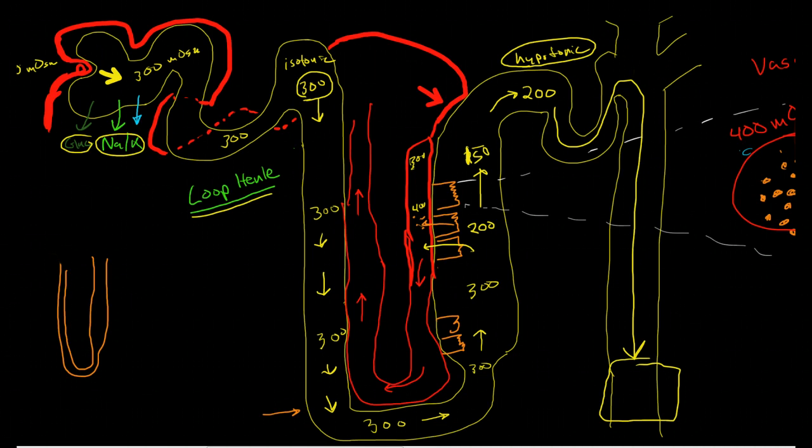Well, the vasa recta moves this concentrated urine over to here, right? Now, I told you the ascending limb is impermeable to water, but it's obviously permeable to electrolytes because of the sodium-potassium ATPase pump and the sodium-potassium chloride cotransporter. Now, the descending limb of the loop of Henle is not permeable to electrolytes, but it is permeable to water.